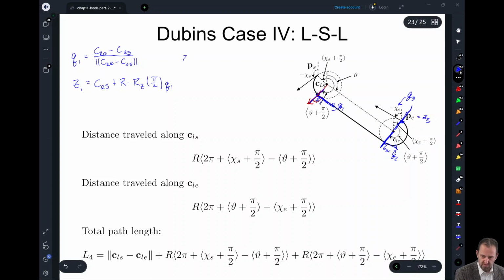Okay, then we have Z2 is equal to our center point plus, and we'll do the same rotation to get to Z2. So we're still doing the same thing. It's a parallel line. And then we have Q2. This one's always the easiest.